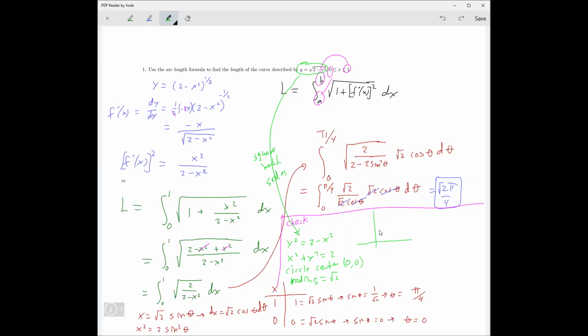And if you look at what's going on, essentially you're integrating from where, when x is 0, y is root 2, so you're up here. And when x is 1, y is 1, so you're right here. Okay, and so you're looking for how long that part of the circle is.